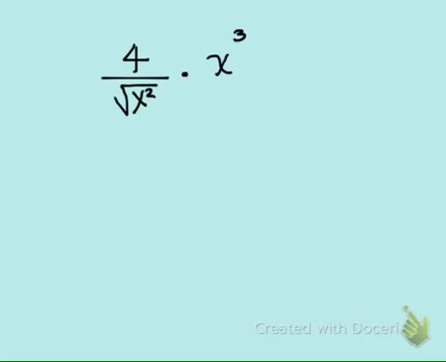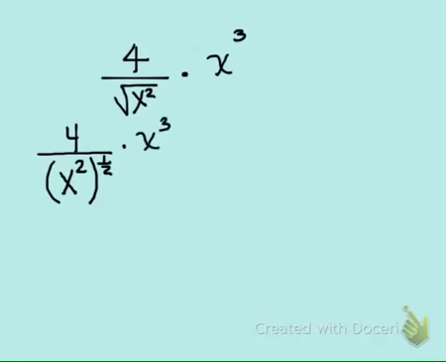So I have 4 up top still, and I'm going to take what's underneath my radical, x squared, and I'm going to multiply it times the rational for the radical. Now again, remember, if you have the square root, your root is 2. So you're raising it to the 1/2 power again. Okay, and we're still multiplying it times x to the 3rd.